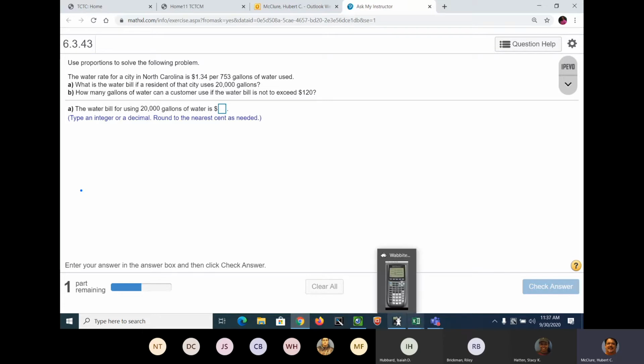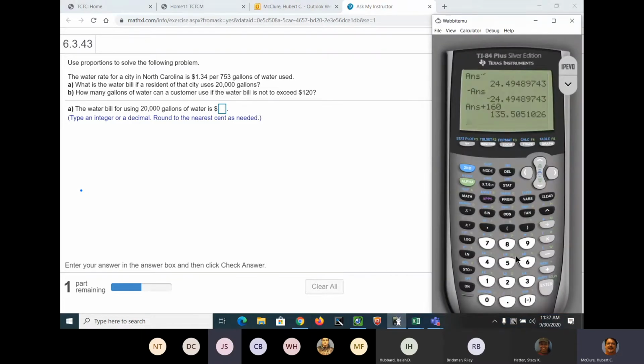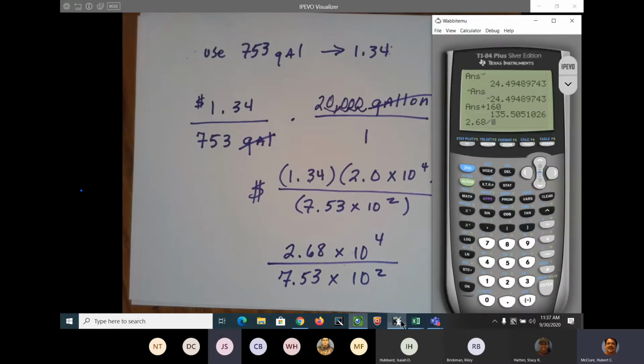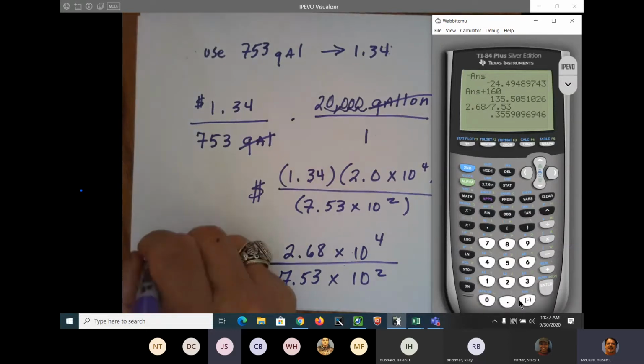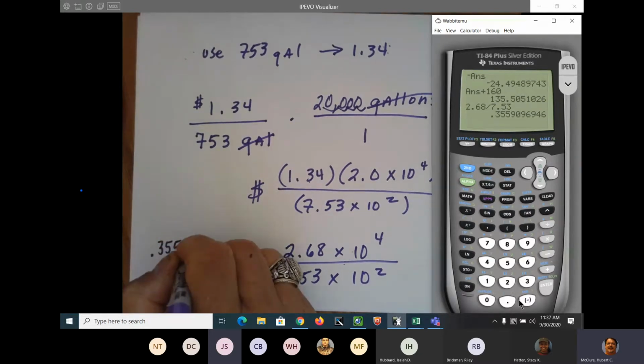And I'm going to take my handy calculator and do that decimal. 2.68 divided by 7.53, I get 0.3559. And I'm just stopping right there.